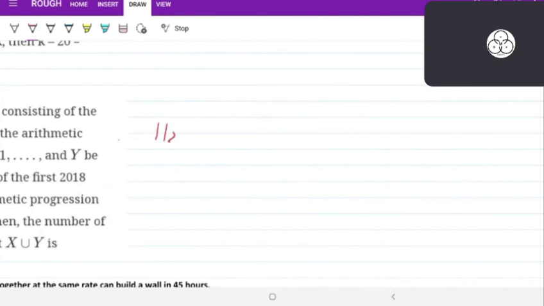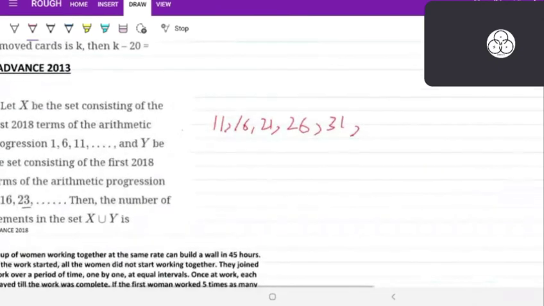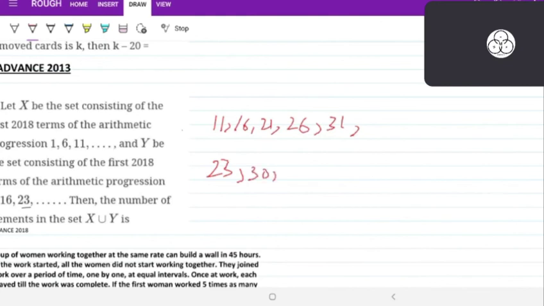Let me write from 11 only. 11, and then the common difference is 5: 16, 21, 26, 31, and here I am writing from 23 onwards: 30, 37, 31 plus 5.